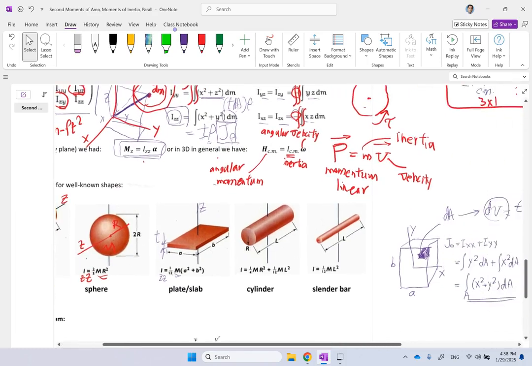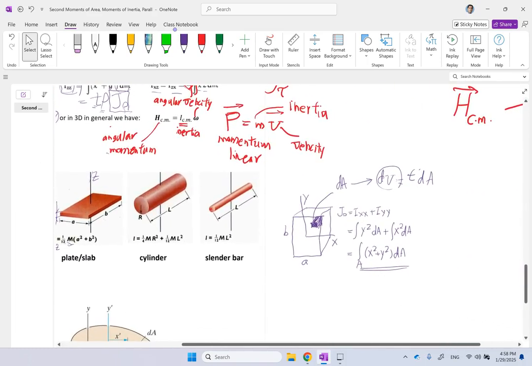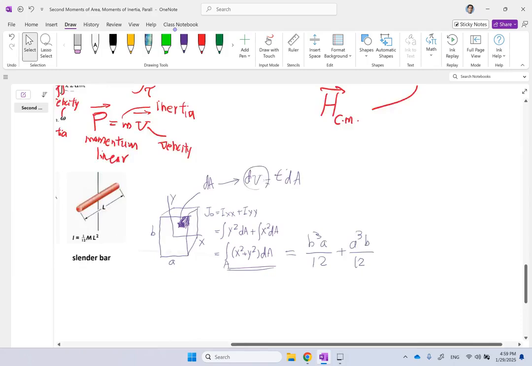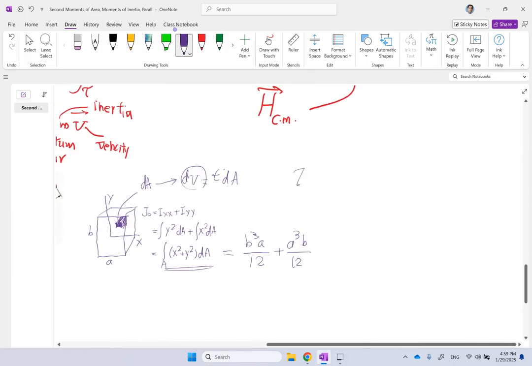And what was it? Let's just go back and look at it. What was this for this rectangle? So one of them was IXX, B cubed A over 12. The other one was A cubed B over 12. Remember? So now IZZ is going to be equal to, remember, rho times T times JO.